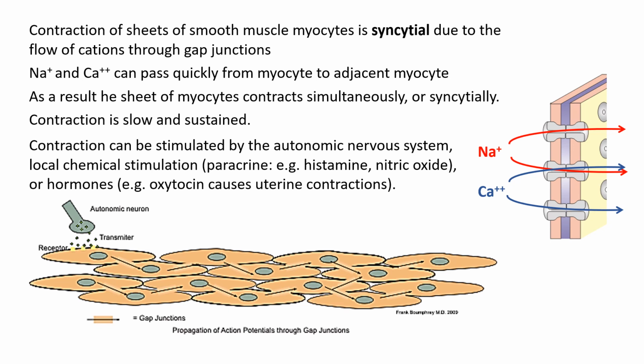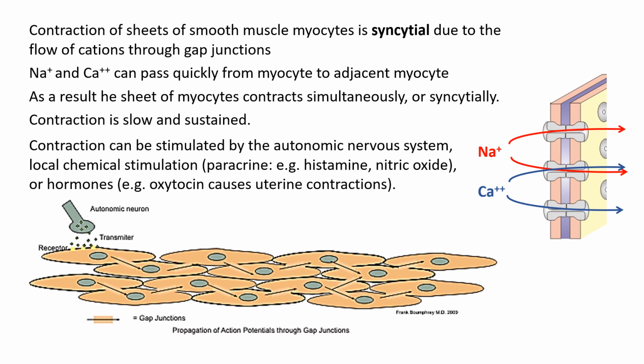Things like histamine. Histamine we'll talk about in immunology, because if we have an inflammatory response, one of the first things that happens is vasoconstriction. So we need those smooth myocytes around the vessels to contract. Nitric oxide also regulates on a local basis.